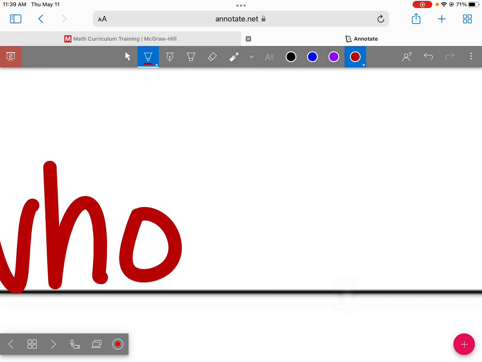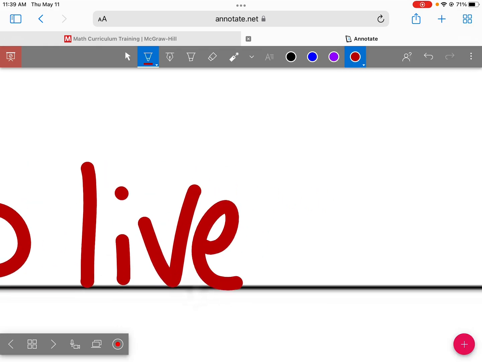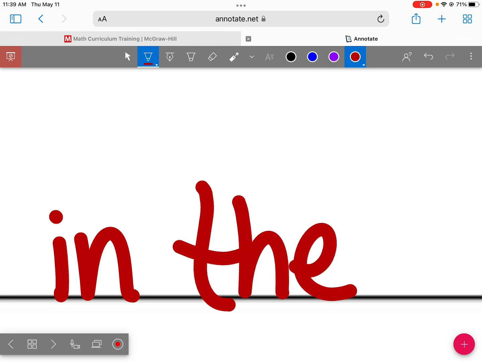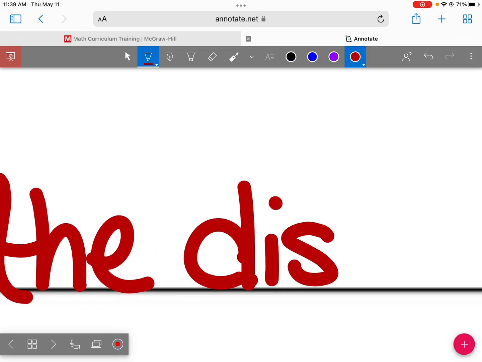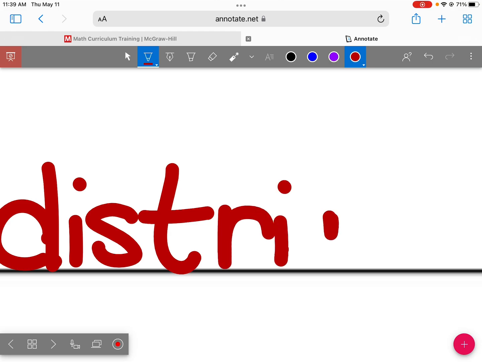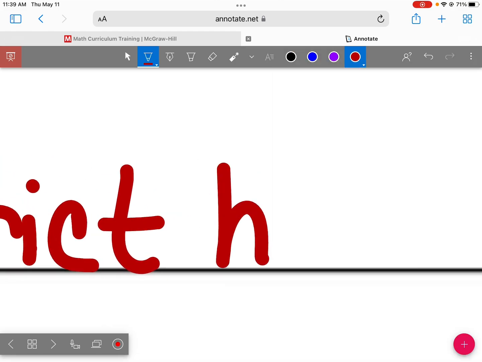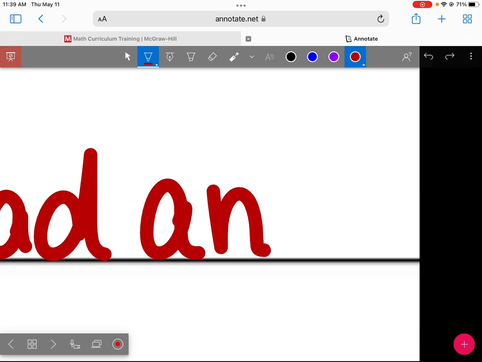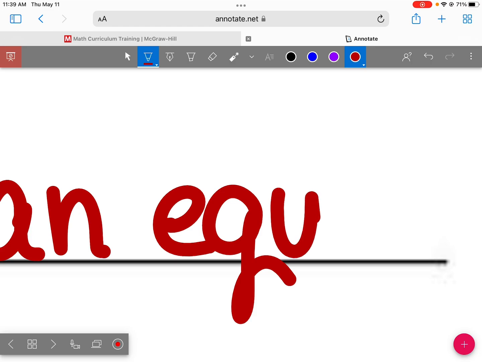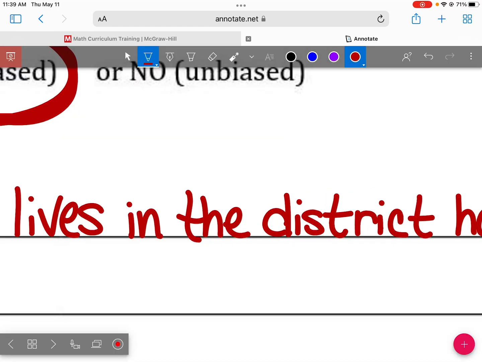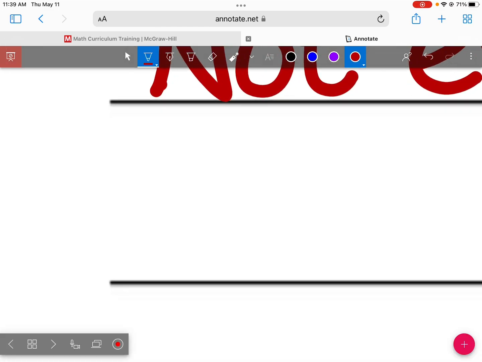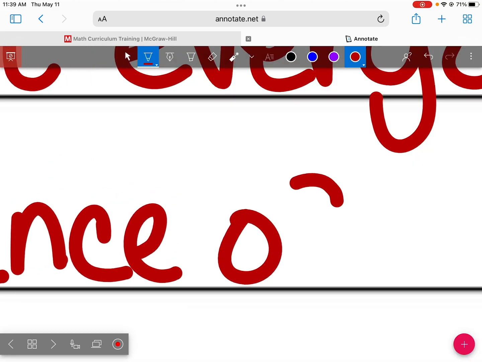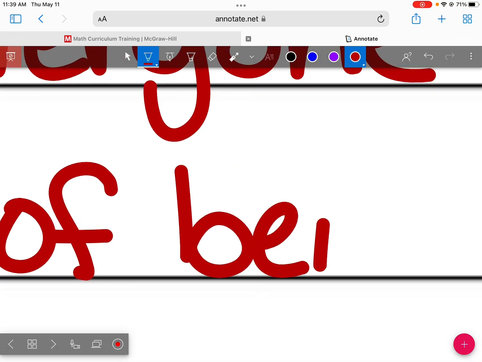Not everyone who lives in the district had an equal chance of being selected for the survey.